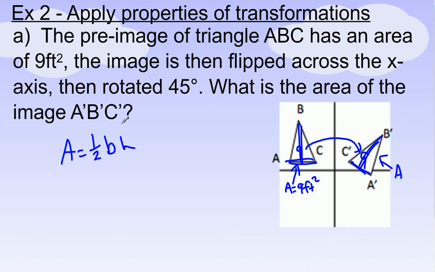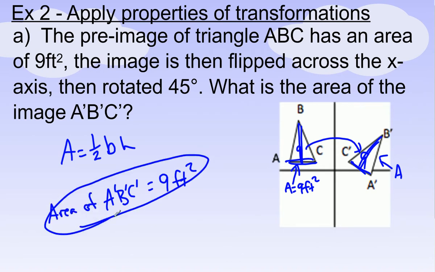So what is the area of image A prime, B prime, C prime? It's 9 feet squared. And that's all there is to it. Recognizing that the shapes are congruent, they are the same, they have the same area.